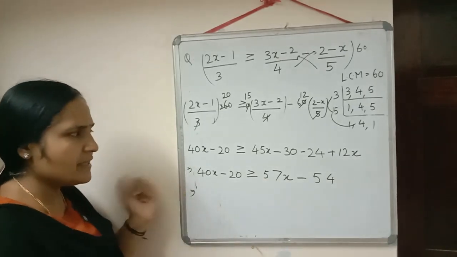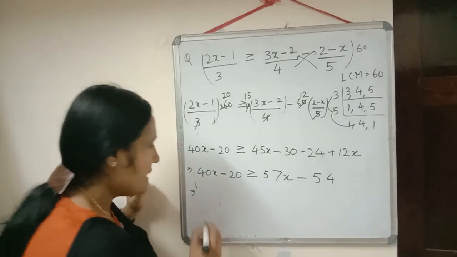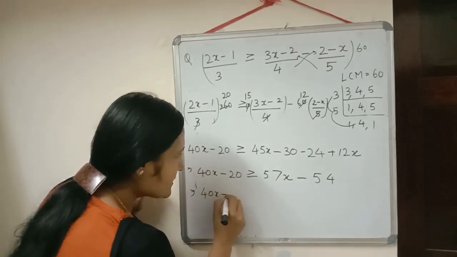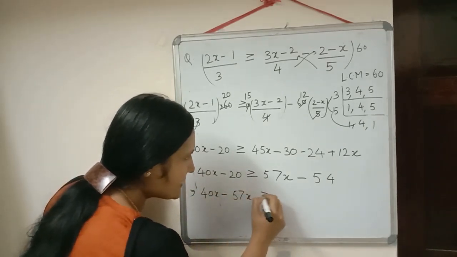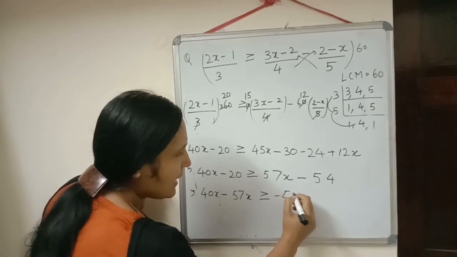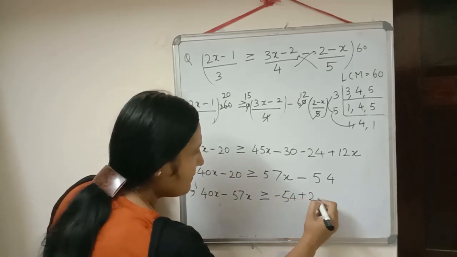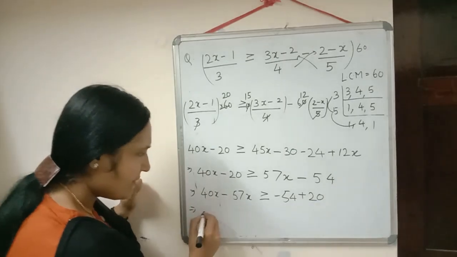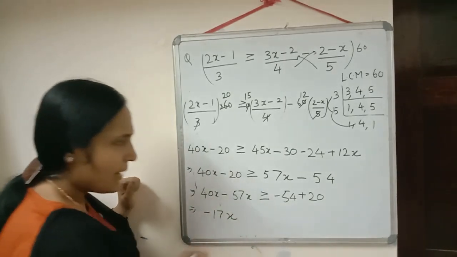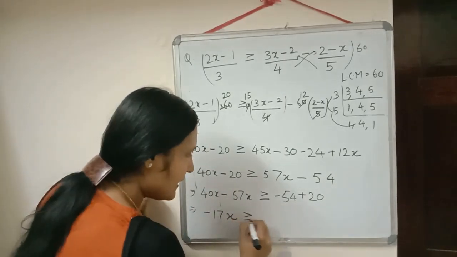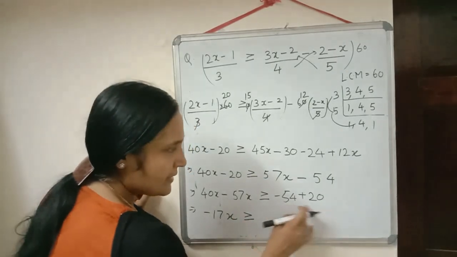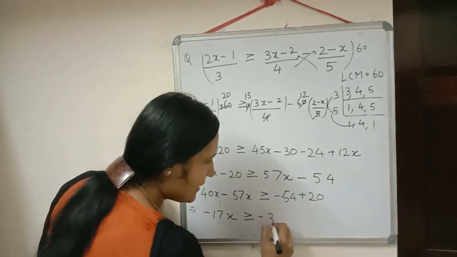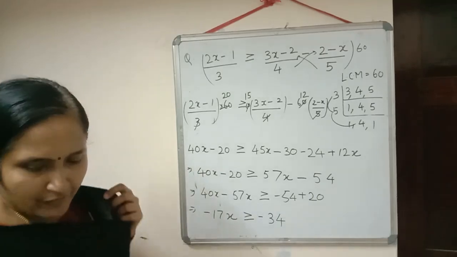So I am shifting 57x to the left hand side. Then it will come 40x minus 57x greater than or equal to minus 54 plus 20. Now 40x minus 57x will be equal to minus 17x greater than or equal to minus 54 plus 20, which is minus 34.